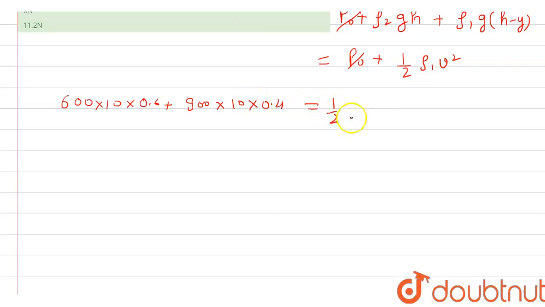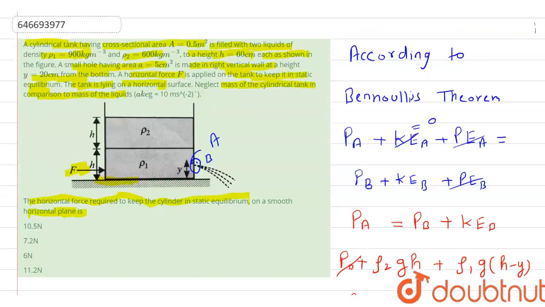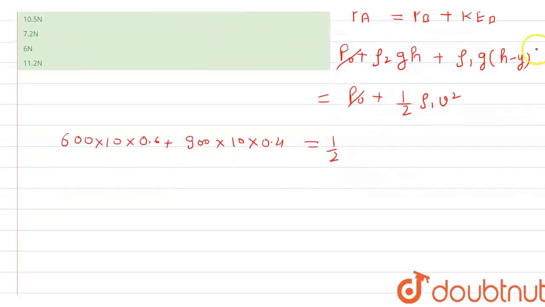This is equal to 1/2 ρ1, and the value of ρ1 is again 900 kilogram per meter cube, into v².